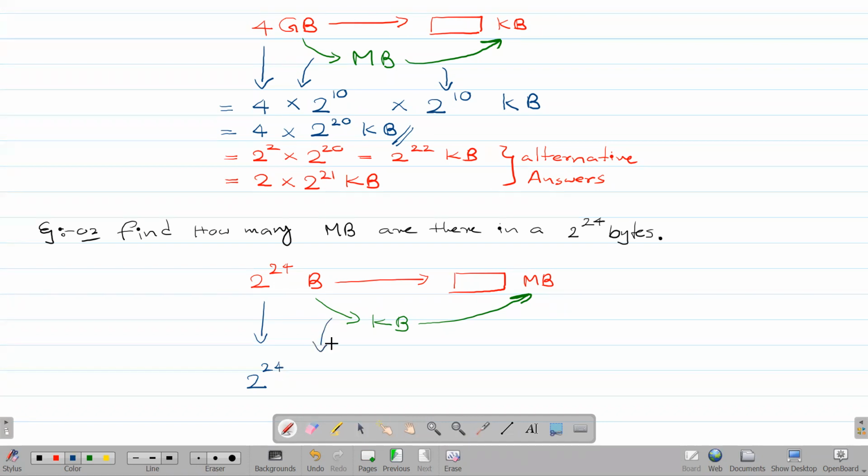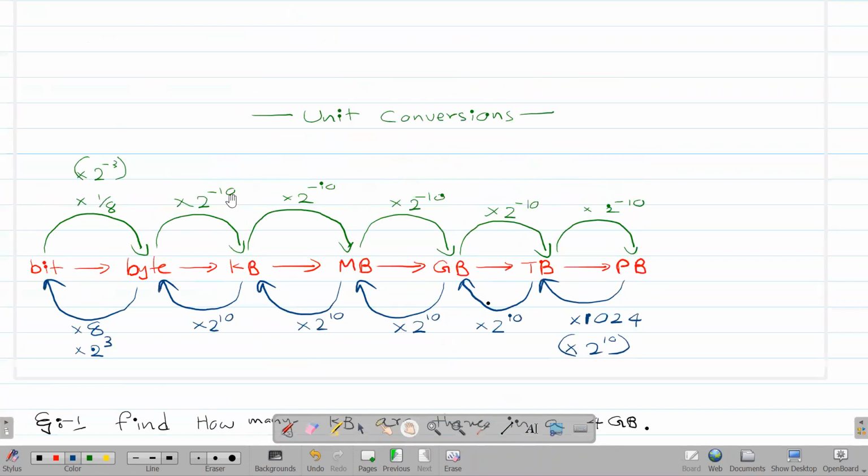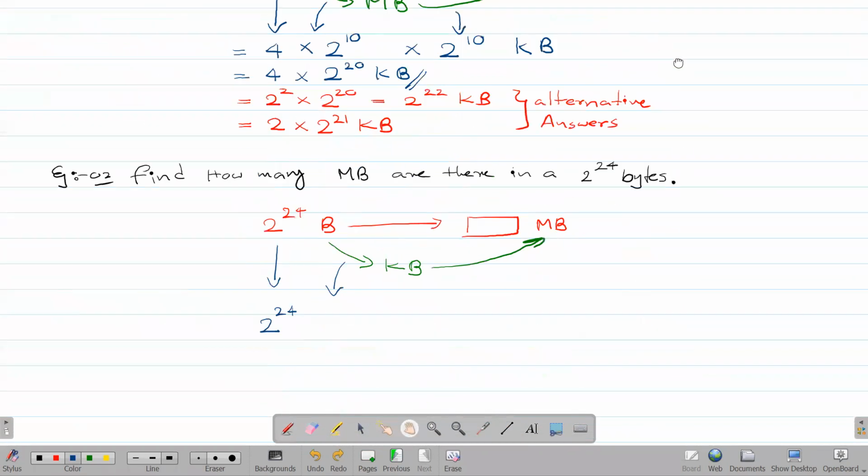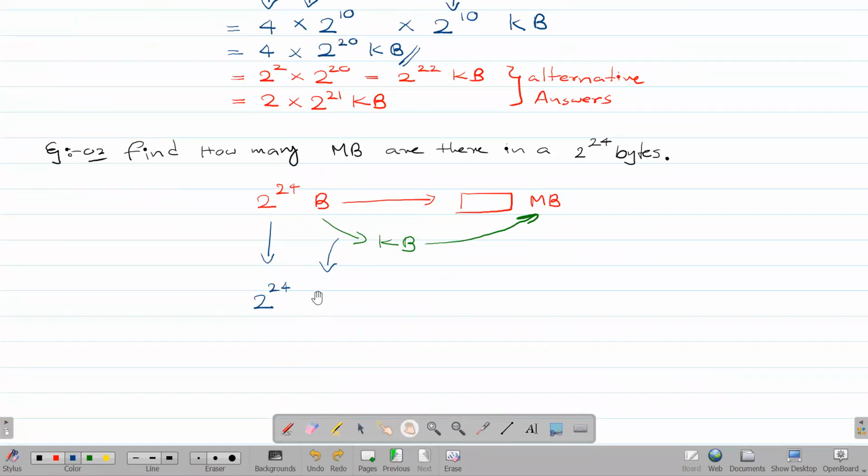And from bytes to kilobyte, how are we going to convert bytes to kilobyte? See, we use 2 to the power minus 10. So that 2 to the power minus 10 should be written over here. So it is into 2 to the power minus 10. And from kilobyte to megabyte, again you need a 2 to the power minus 10, which gives you the value in megabytes.